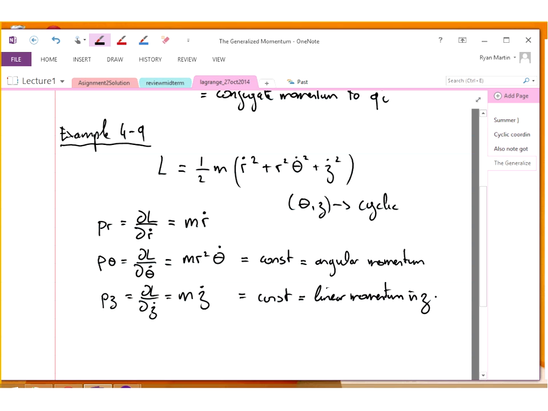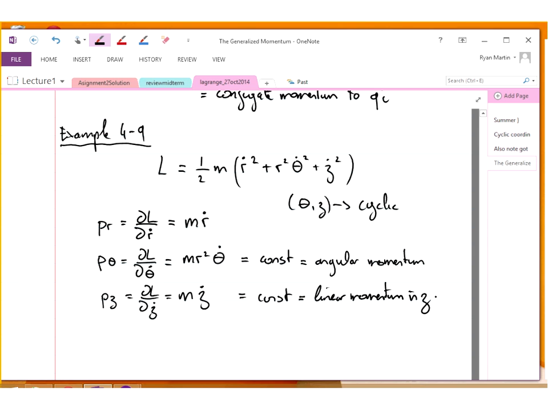And the momentum in r is obviously not conserved, right? Because if the particle is a free particle, it's going to go in a straight line, and there's no straight line where r is constant.